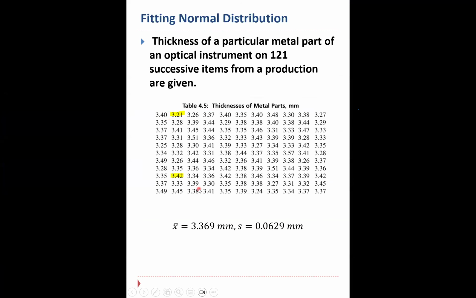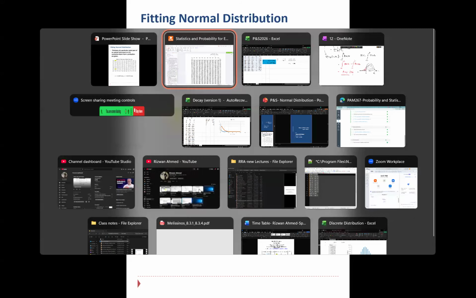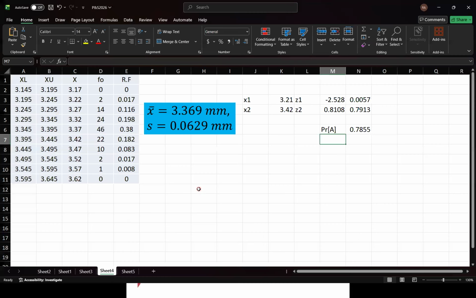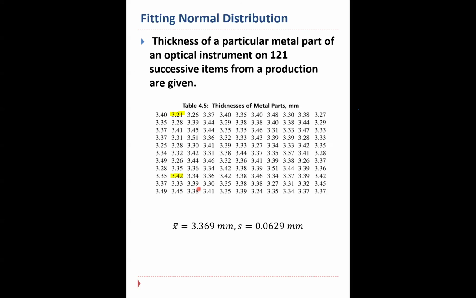So there is a probability that we have just calculated, and yes, more than 78% probability that the value falls from 3.21 to 3.42, if the distribution of the data belongs to normal distribution about this mean value and a standard deviation of 0.0629.